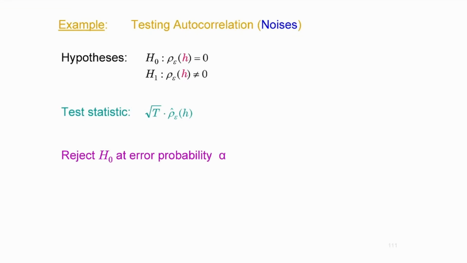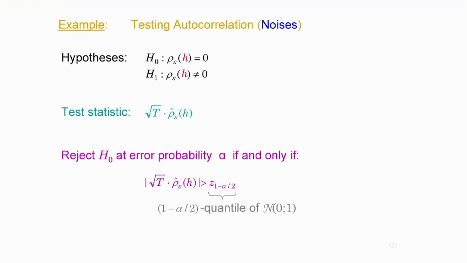And if you compare that to the standard normal distribution, you should reject the null hypothesis if and only if the absolute value of the test statistic is greater than the 1 minus alpha half quantile of the standard normal distribution. So this is how it's working.